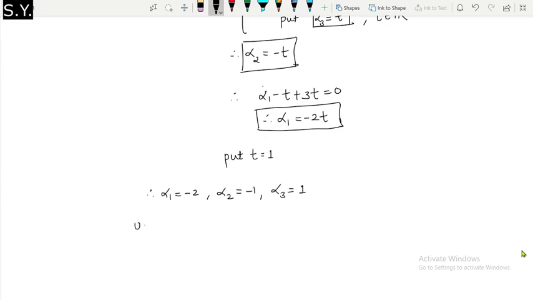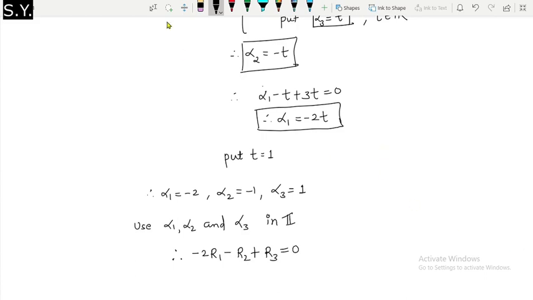So I will use these alpha 1, alpha 2 and alpha 3 in order to get the relation between R1, R2 and R3. Therefore you will get minus 2 R1 minus R2 plus R3 equal to 0.